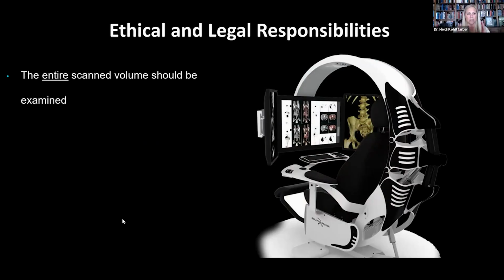So many times we're taking a full large field of view, and we're seeing a lot of things. But yet people want to just go down and look at the one area that they're concerned about with implants. And what that does is, you're essentially discounting all of the other items in that CBCT.